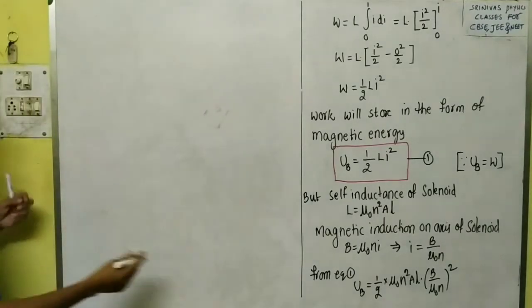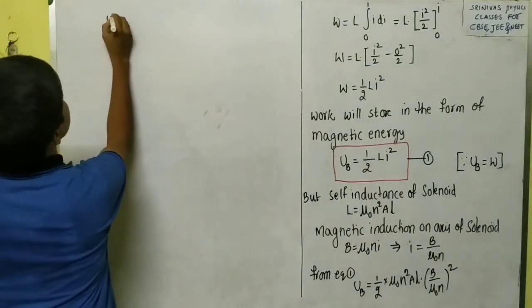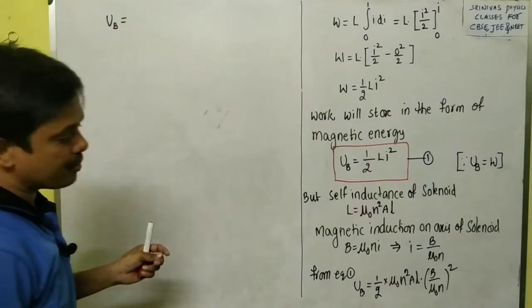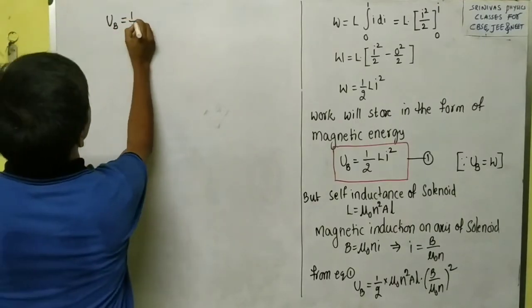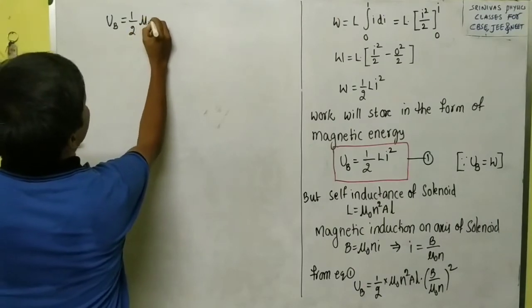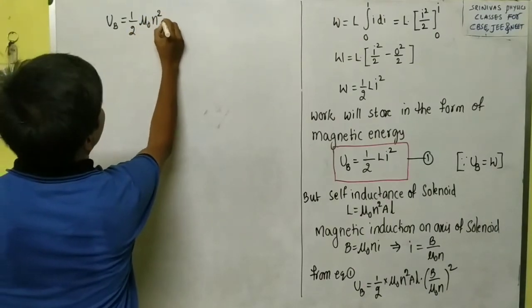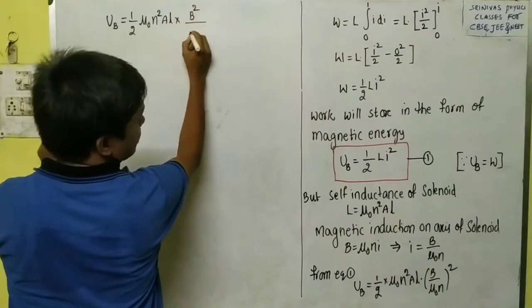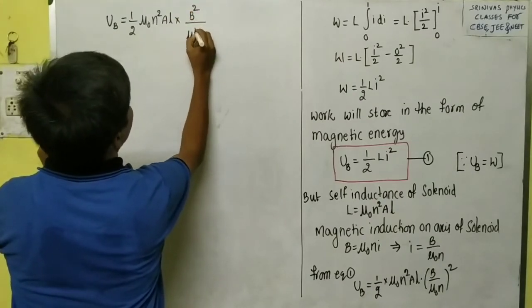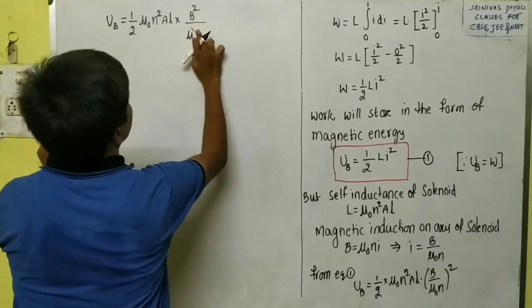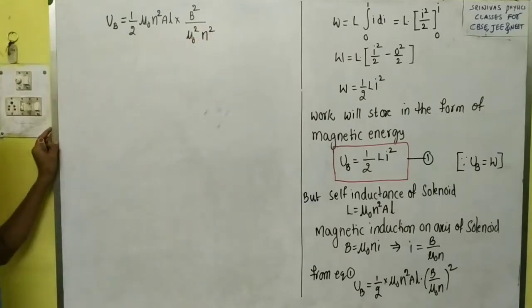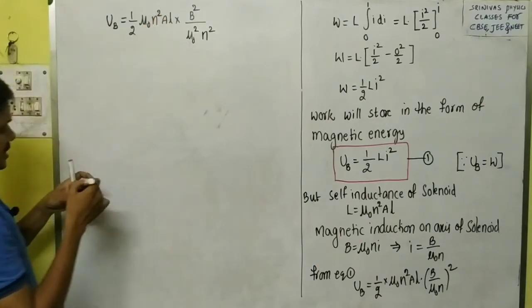Let us see what we got here. The magnetic energy U B is equal to half into mu naught n square A L into B square by mu naught square n square. Now we can simplify, we can cancel something.